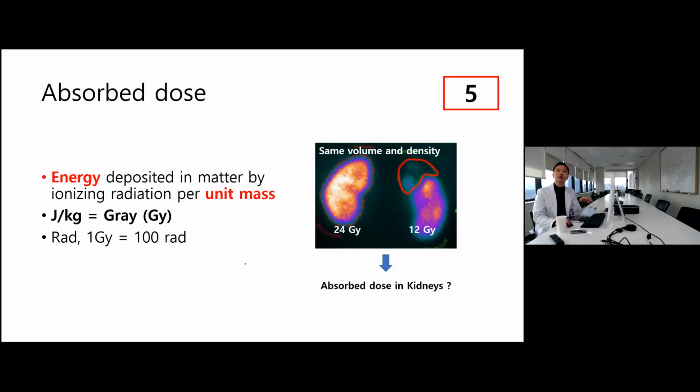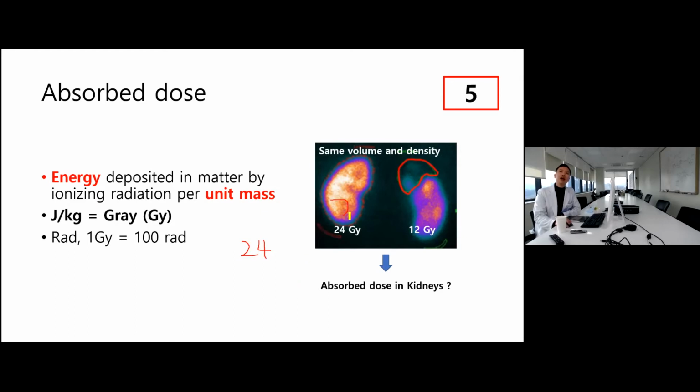Okay, so this kidney has 24 joule per 1 kilogram, and this kidney has 12 joule per 1 kilogram.